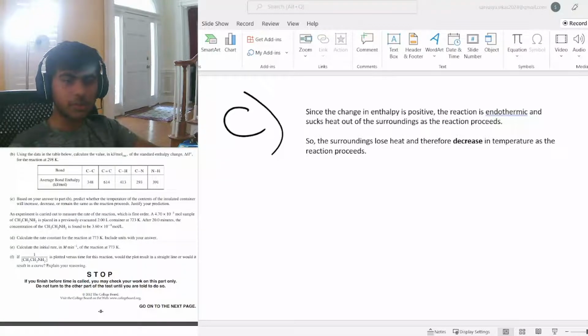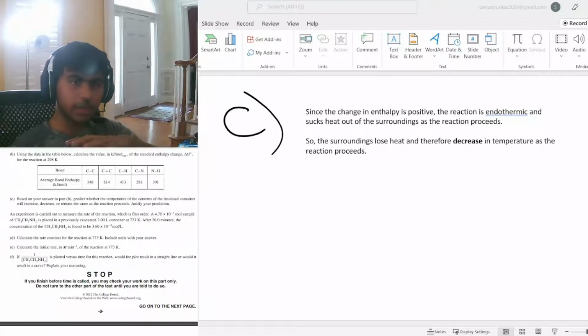After 20 minutes, the concentration of CH3CH2NH2 is found to be 3.6 times 10 to the negative 4 moles per liter. And we're asked to calculate the rate constant for the reaction at 773 Kelvin. Alright, let's think about how we go about doing this question.